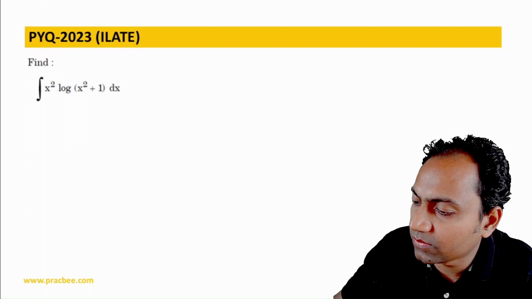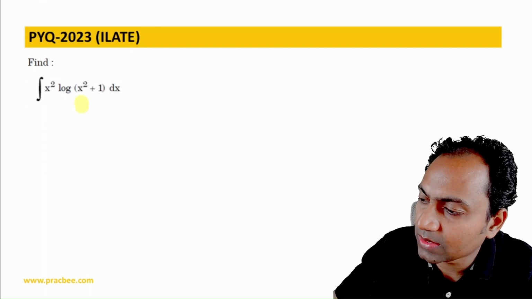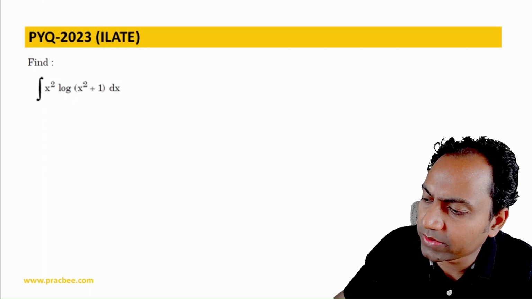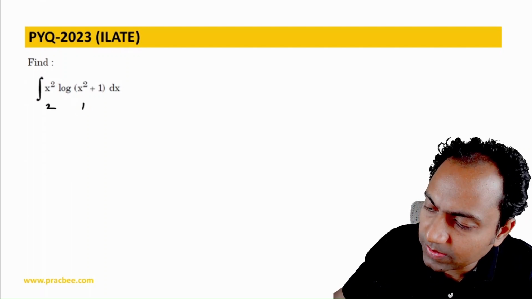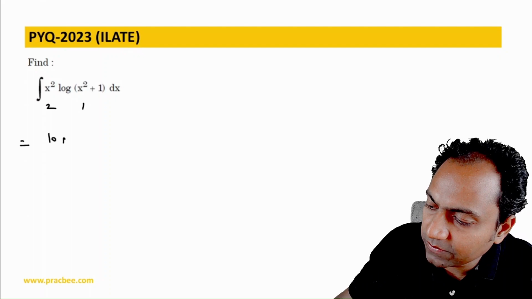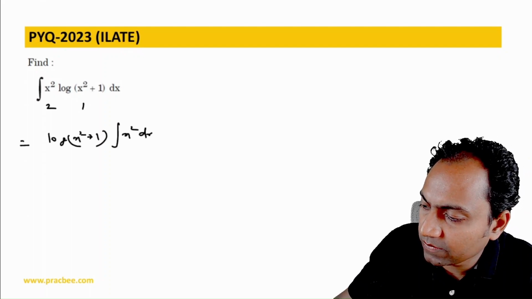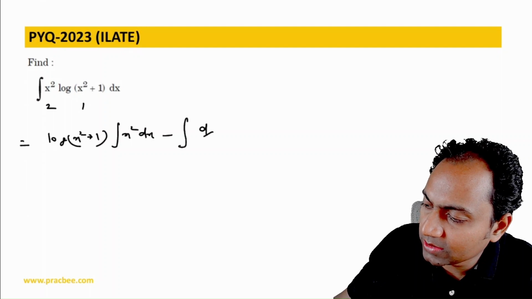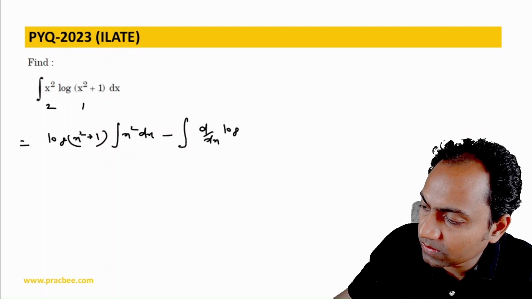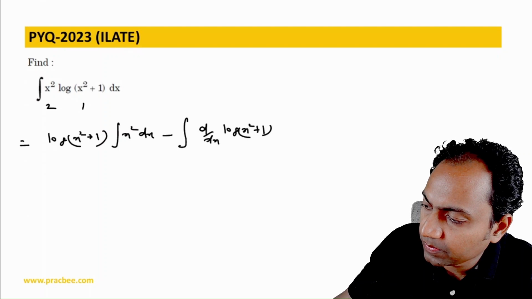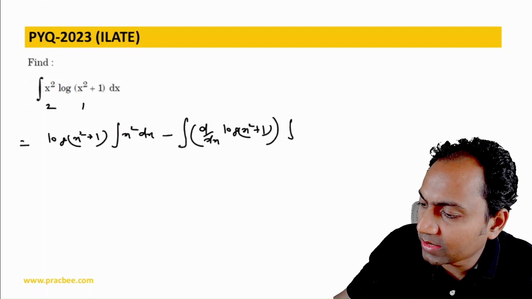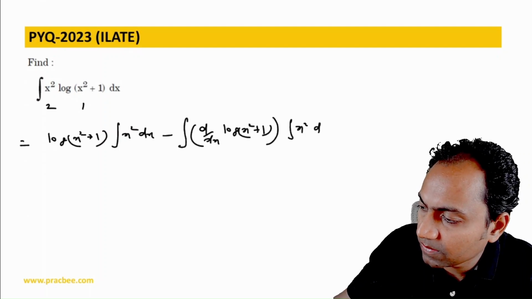In this question, we will again consider the ILATE rule, and based on what we did earlier, this will become our first function and this will become our second function. So let us write first function into integration of second function minus integration of differentiation of first function into integration of second function.